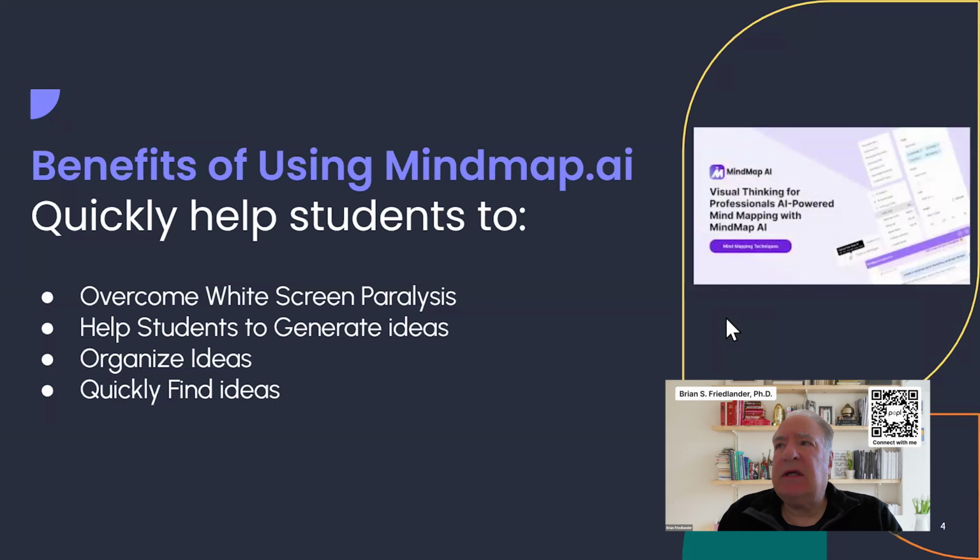This is really key. I think that the introduction of AI into mind maps is a really significant feature and a significant technology for students that have writing challenges, as we'll see when I do a demo in the next couple of minutes.